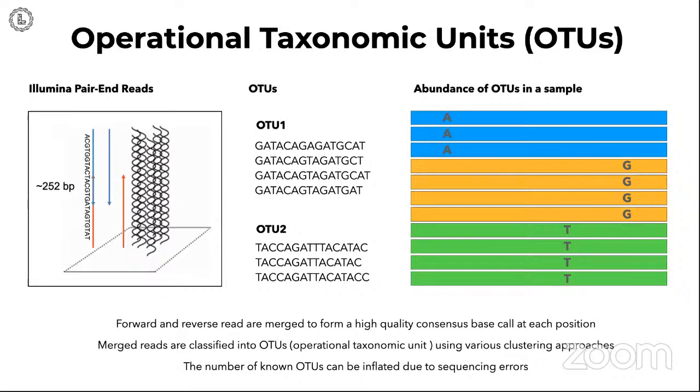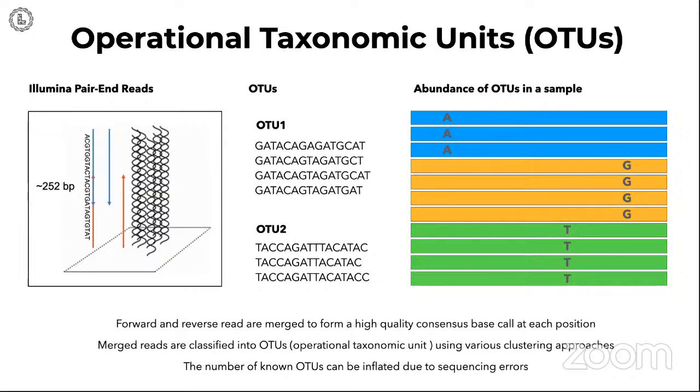Now, once we have those sequences, we can start clustering the different types of 16S hypervariable regions together into operational taxonomic units. We can do this using hierarchical clustering, Bayesian clustering, or phylogenetic analysis based on multiple sequence alignment.